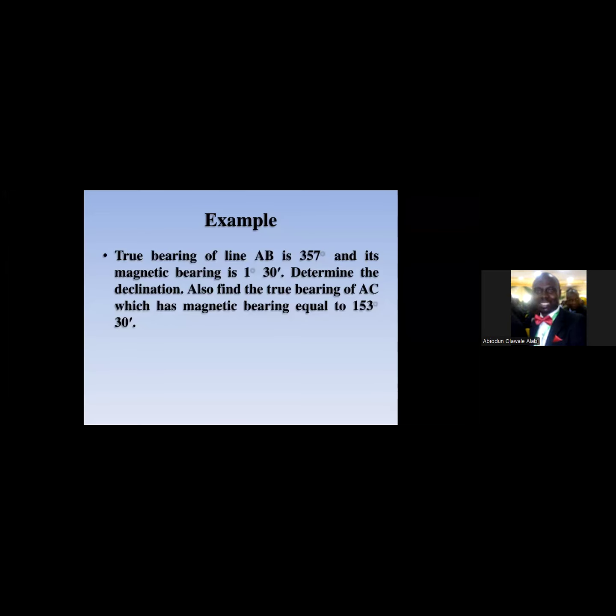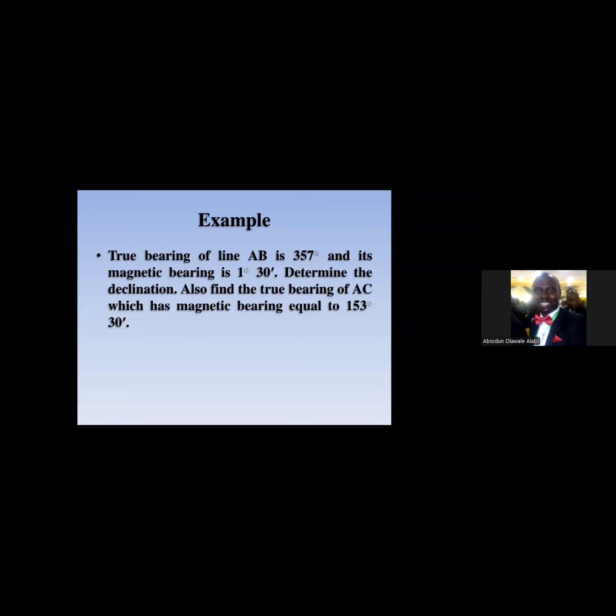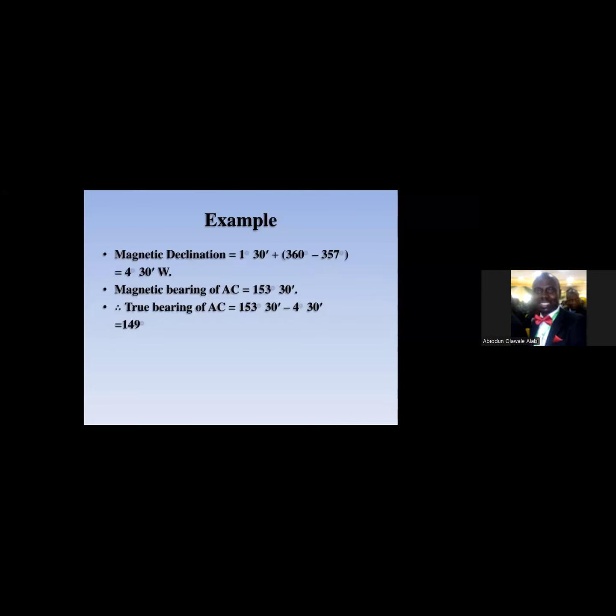So what we have here, the true bearing of a line AB is 357 degrees. To compute the declination, we take 360 degrees minus 357 degrees.